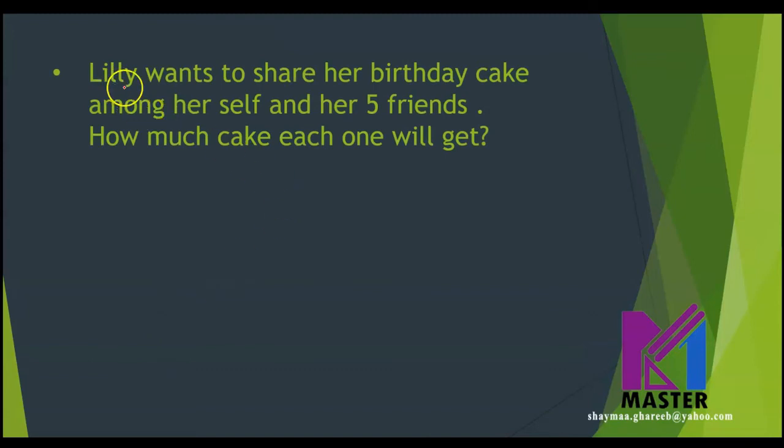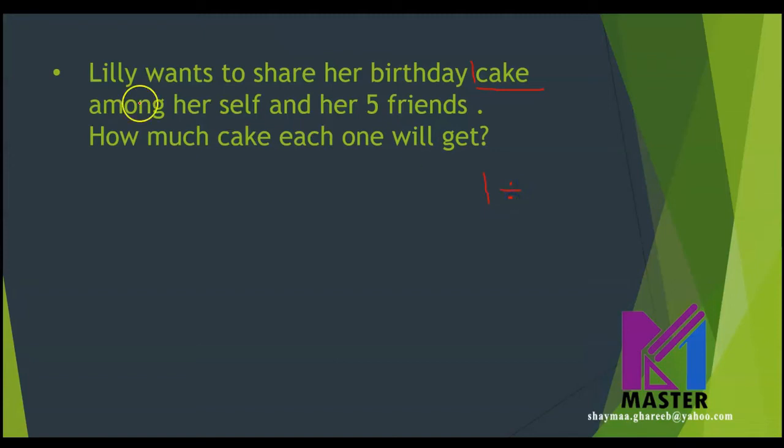One more example. Lily wants to share her birthday cake among herself and 5 friends. How much cake will each one get? So, what do we want to share here? Cake. Cake means 1 cake. We want to share it equally, which means that we want to divide it by 5 friends?